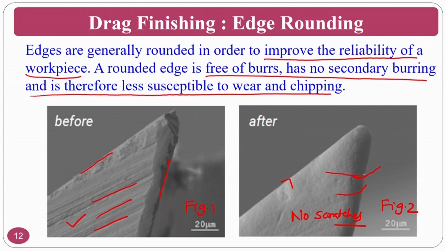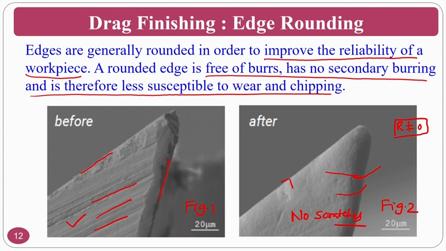That is the sharpness radius. This sharpness radius can never be 0. It will always have a certain value. If the sharpness radius increases in a cutting edge, what will happen? Then there will be a problem. You should always choose a certain sharpness radius.